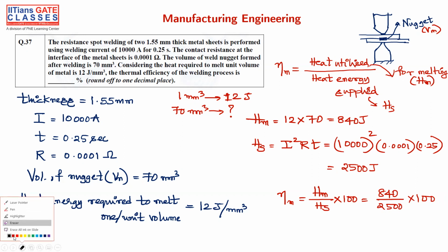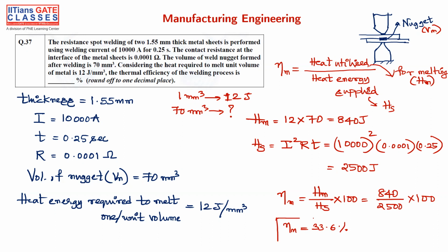So the melting efficiency after calculating is 33.6. He says rounded to 1 decimal, so the answer is 33.6%. That is the thermal efficiency. Okay, fine.